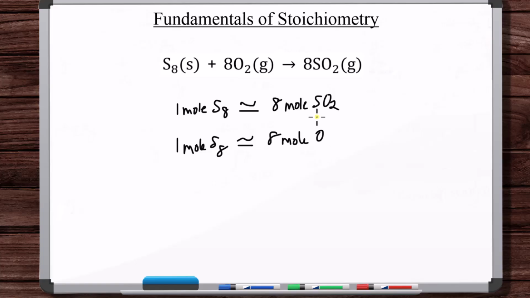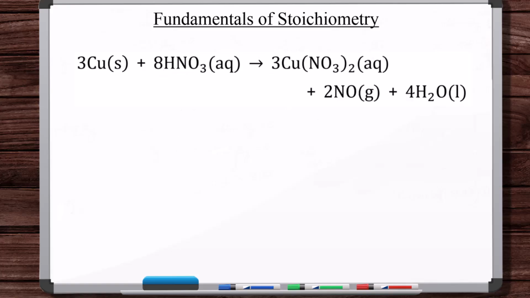Okay, and so again, for any balanced chemical equation, no matter how many reactants and products there are, from the mole perspective, everything is stoichiometrically equivalent to everything. 8 moles of HNO3 is stoichiometrically equivalent to 2 moles of NO. You could say that in reverse as well, that 2 moles of NO is stoichiometrically equivalent to 8 moles of HNO3.